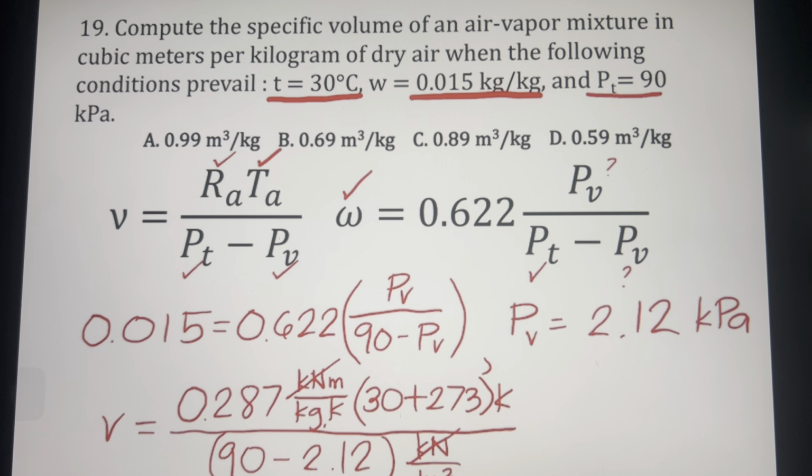Kilonewtons are cancelled as well as Kelvin. So square meter in the denominator times meter in the numerator, that will be cubic meter per kilogram, a unit of specific volume. What is our answer? So the answer is 0.99 cubic meter per kilogram.